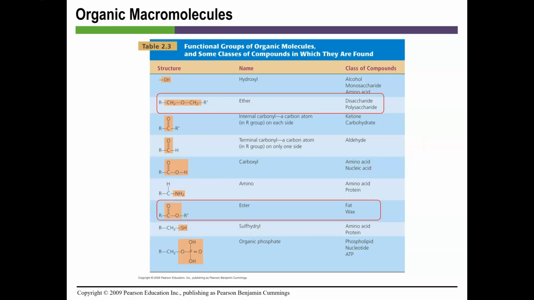One group that is not on this table but is mentioned a few times as we move through the semester is a methyl group. A methyl group is a carbon that is bonded with 3 hydrogens.